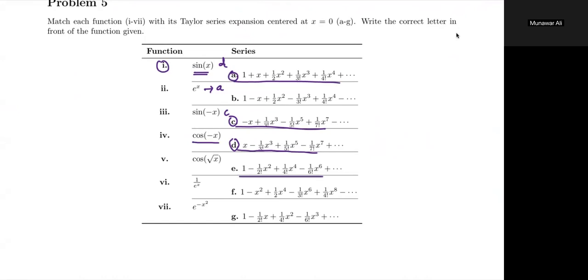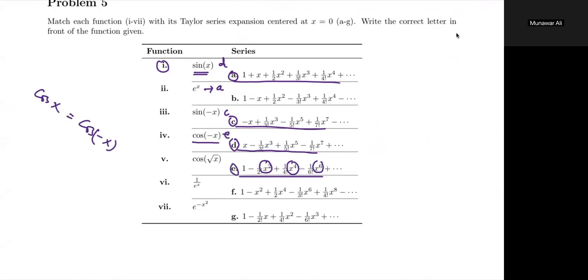If you replace x by negative x, you take negative x squared, the negative vanishes. Negative x to the fourth. Since these are only even powers, the series of cosine x should be the same as the series of cosine of negative x. So cosine of negative x is e. So e is done here.